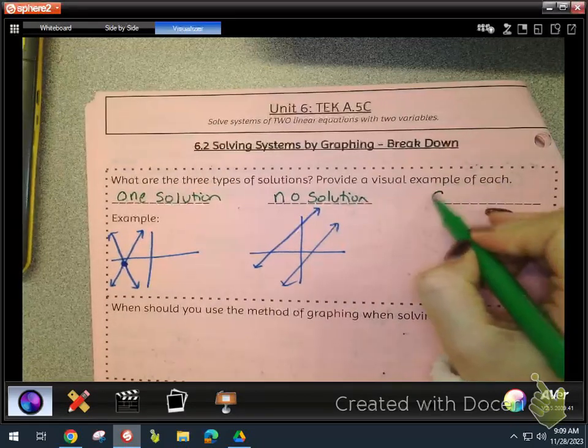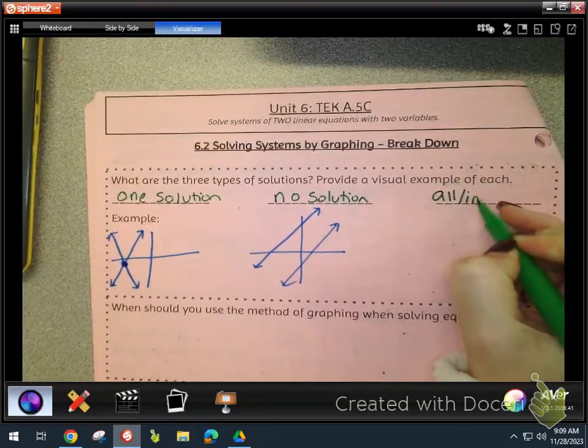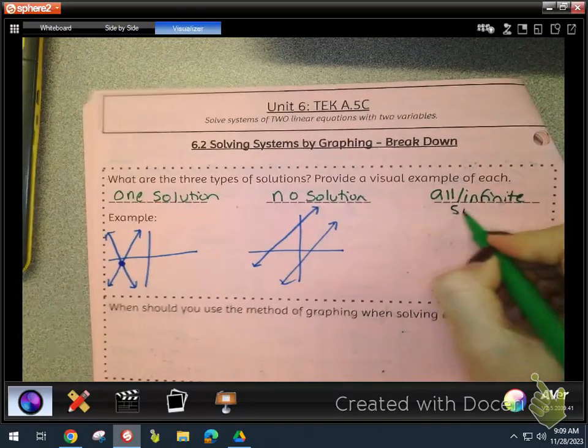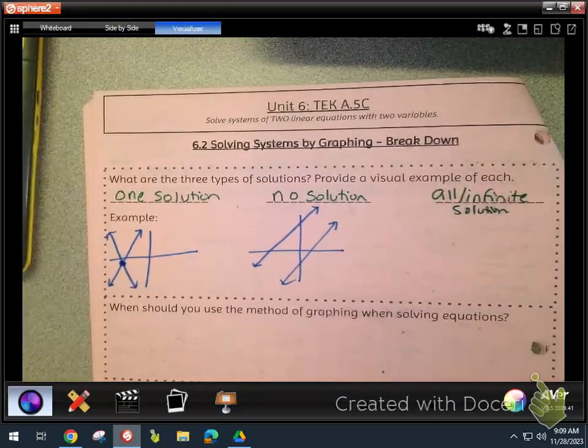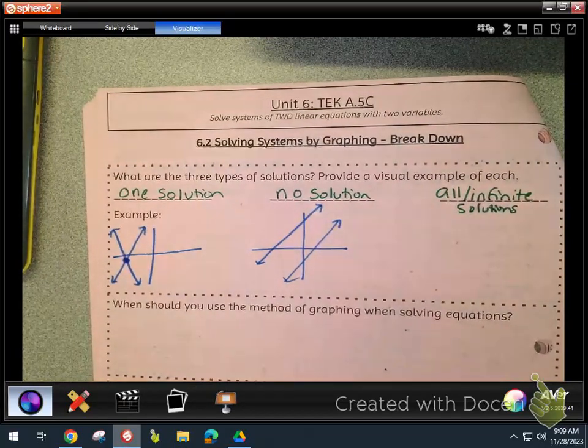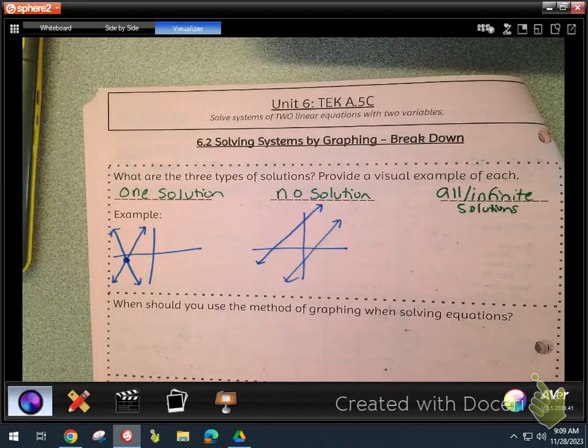And then the last case was when you had all or infinite. I will accept either of those solutions, which means that every single point is the same. They share all the points, which means they are the exact same line.